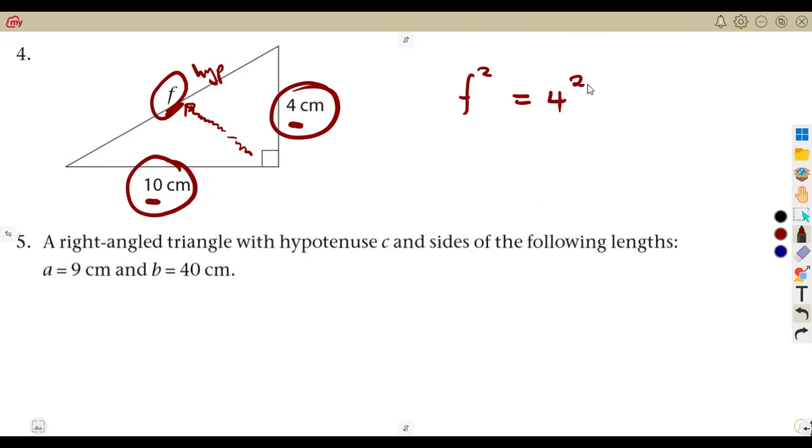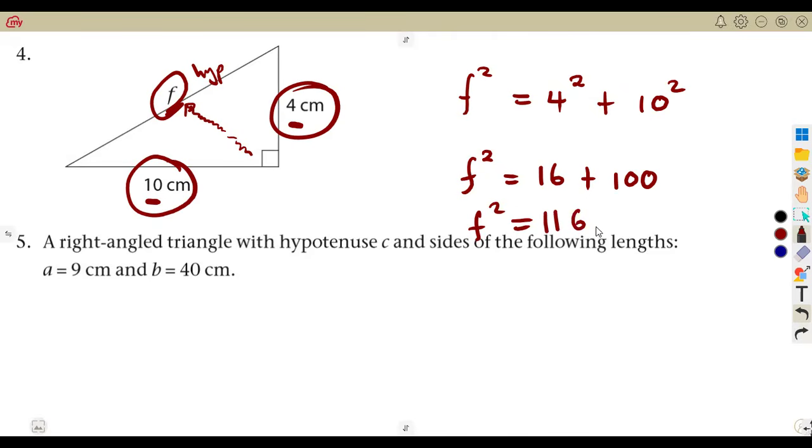So we're going to have 4 squared plus 10 squared. F squared is equal to 4 squared, that's 16, plus 10 squared, 10 times 10, that is 100. We add these two, we obtain 116.